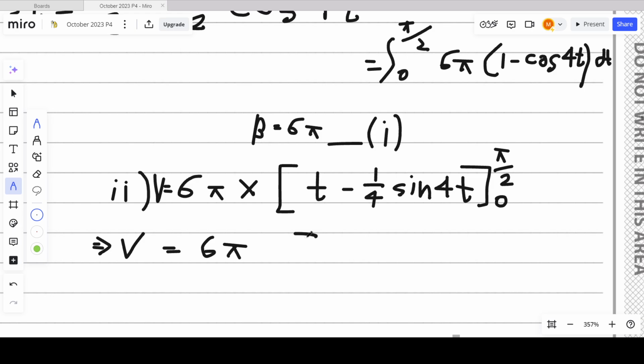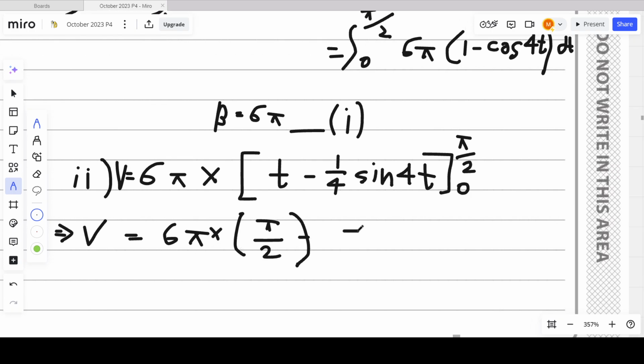So pi over 2 minus one quarter sin of 4 times pi over 2, that is sin 2 pi, which is 0. So it is just pi over 2. Then the lower limit is 0. So t is 0, and sin 0 is 0. So 6 pi times pi over 2.